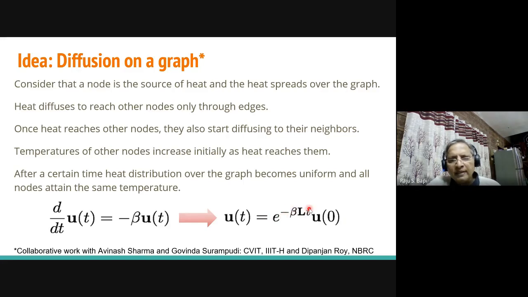Now, this is a special sort of operator. Here, L refers to the morphology of the graph in the form of the graph Laplacian.